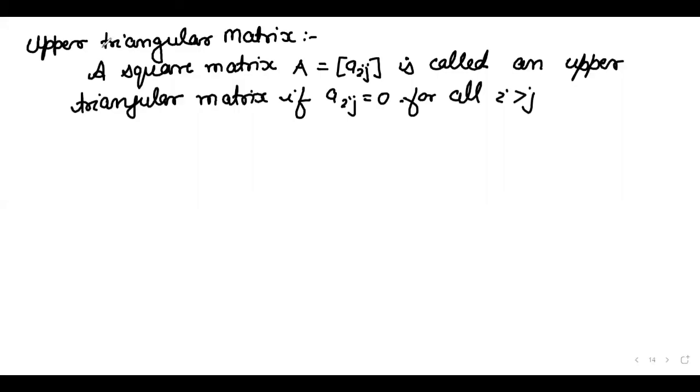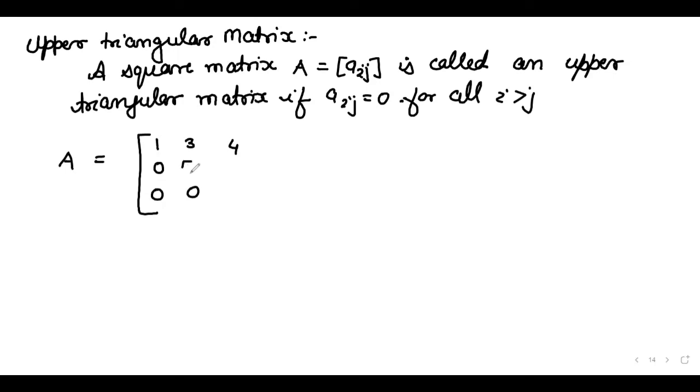Now the next type of matrix, that is the upper triangular matrix. A square matrix A is equal to Aij is called an upper triangular matrix if Aij is equal to 0 for all i greater than j. Example, I am taking here matrix A: 1 3 4, 0 0. Here we have to take, when i is greater than j, then aij will be 0.